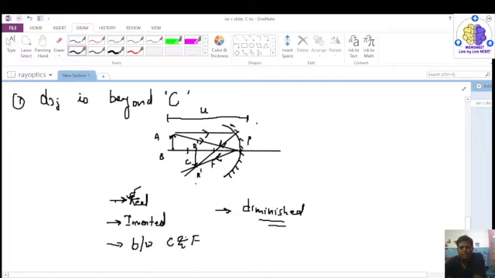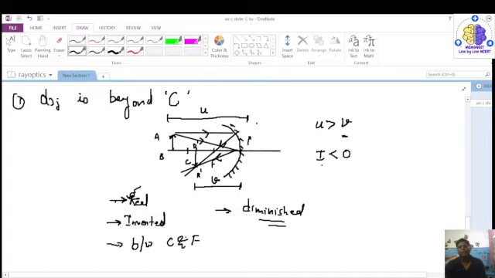Whereas the distance between the image and the pole is known as the image distance, denoted by small v, right? So in this diagram the object distance is greater than the image distance, or we can say the image distance is smaller than the object distance. Because the image distance is smaller, the image size will also be less than the object size.